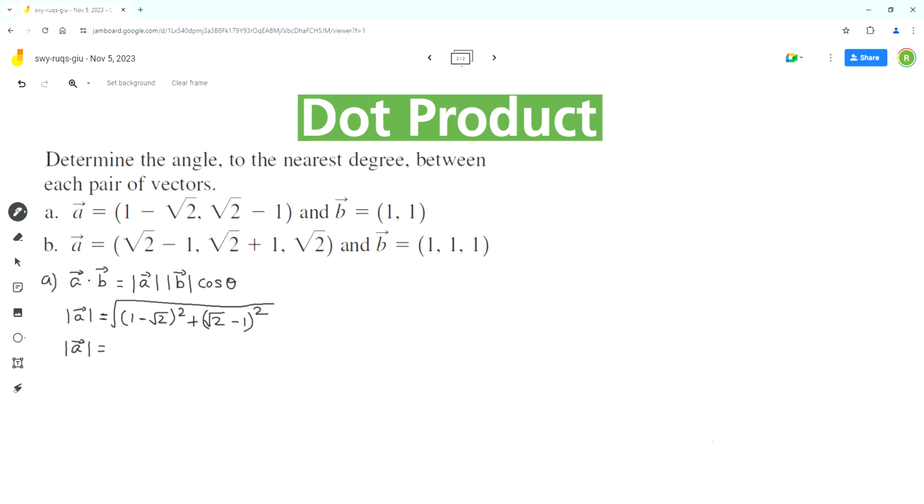Now we can use a calculator to evaluate it. First we can evaluate 1 minus square root of 2 squared. So I got this. Now we can do square of square root 2 minus 1.